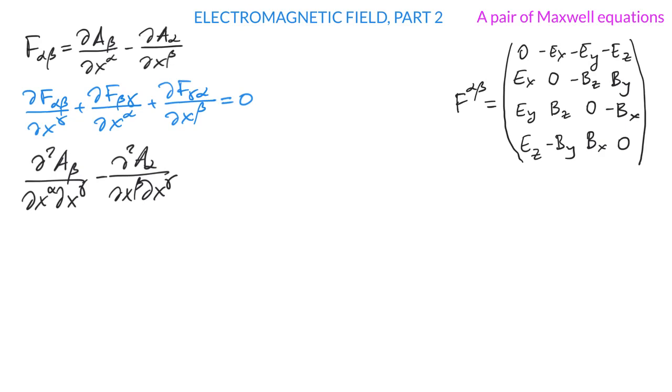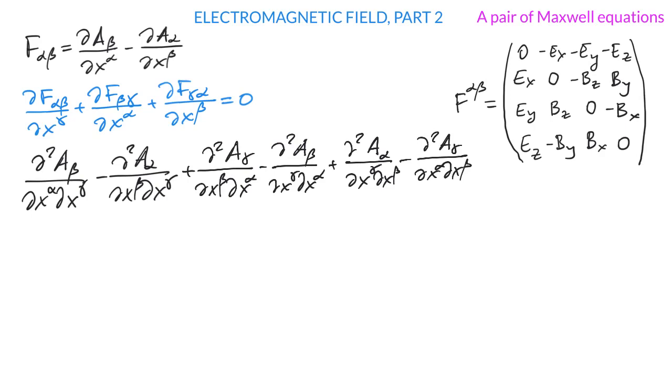And the other two terms in this expression will contribute four more terms like this. And here, every term repeats twice with opposite signs. So with A beta, for example, this term cancels this, the term with A alpha cancels here, and the term with A gamma cancels. So everything cancels, and this whole thing is 0, which proves this equation.